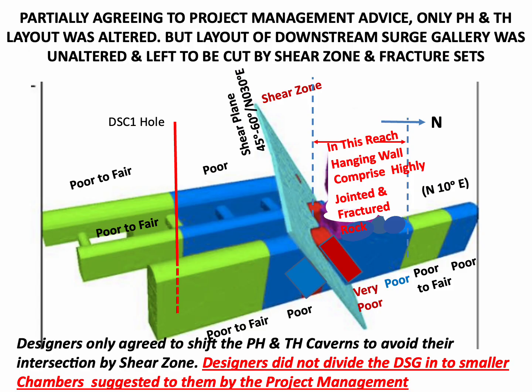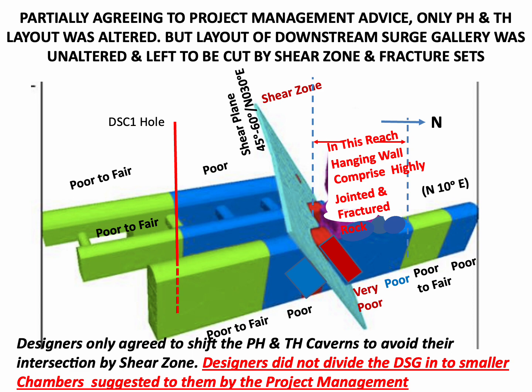Excavation of the 3 caverns was started from their southern ends. The starting point of excavation at the southern end in the downstream surge gallery was accessed earlier than the starting point of excavation in the powerhouse and transformer hall. The excavation in the central gullet in the downstream surge gallery was thus progressing ahead of the excavation in the powerhouse and transformer hall.